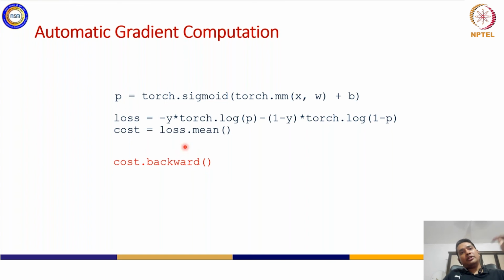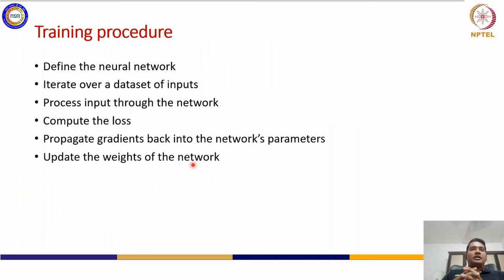And then we compute the backward pass, which is essentially computing the gradients. This backward pass will run your backpropagation and compute the gradients with respect to all the parameters that we have defined with requires_grad equal to True. Now, if you want to see the gradients for each parameter, you can print w.grad and b.grad to see the gradients.